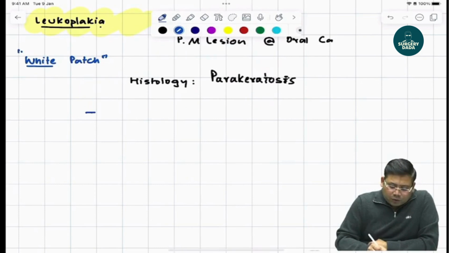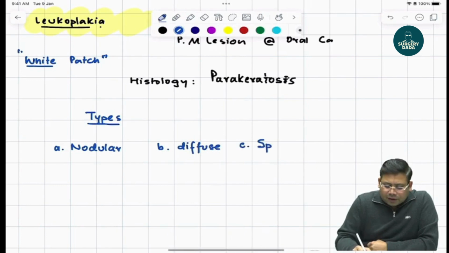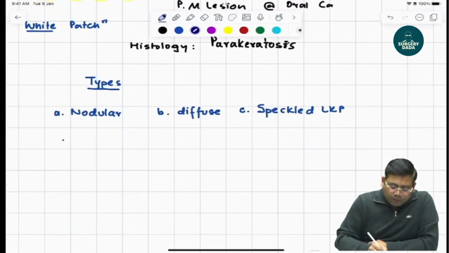What are the types of leukoplakia? We have the nodular variety, the diffuse type, and the third variety is the speckled type. Remember which leukoplakia amongst them is the most common. It is the nodular variety which is the most common type.